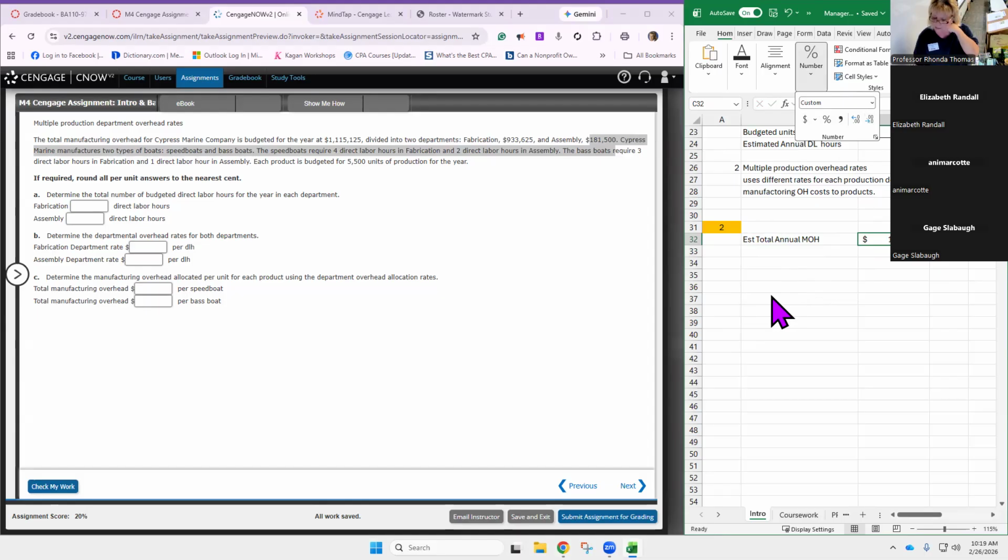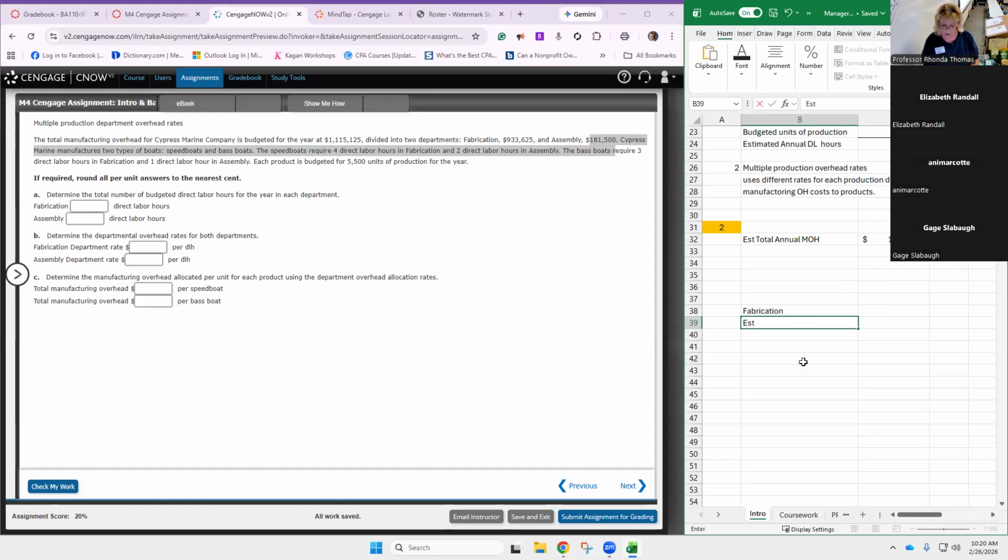And then we're going to divide those into 2 departments. I'm going to come down here, because I don't know if we need a little more room for something that is the total company or not, since I haven't read through this. So the first one is going to be fabrication. We'll put its estimated total departmental annual manufacturing overhead.